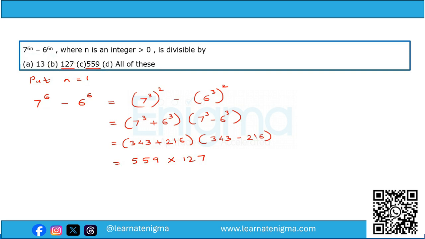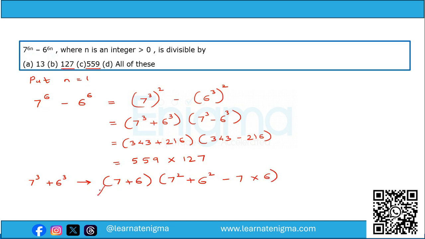Now, we can factorize 7 raised to 3 plus 6 raised to 3 further as 7 plus 6 into 7 square plus 6 square minus 7 into 6.